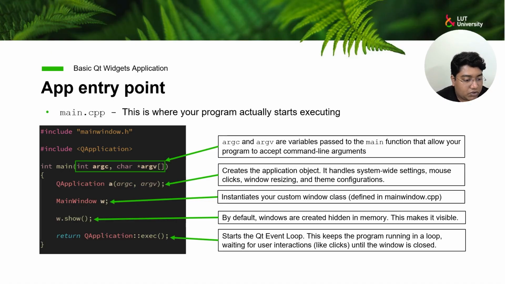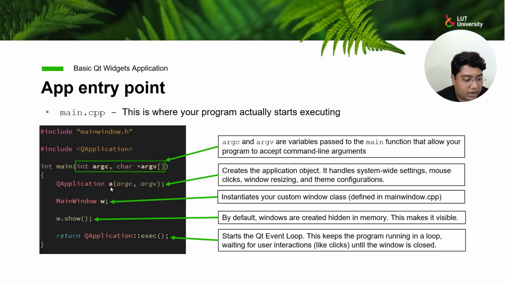First, Qt creates a QApplication object. This object represents the entire application. It communicates with the operating system, receives user input, manages windows, and prepares everything needed before our interface appears.